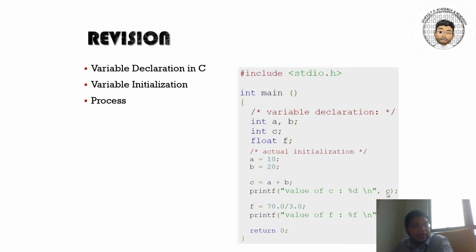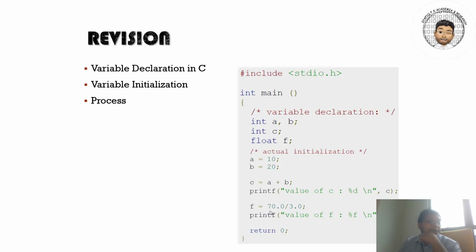So %d here will be replaced with the answer of c. If c is 30, when you write this code, 30 will replace the %d, so "value of c equals 30" will appear inside your terminal. And \n is to open a new line inside your terminal. It's like you press enter and go to a new line.